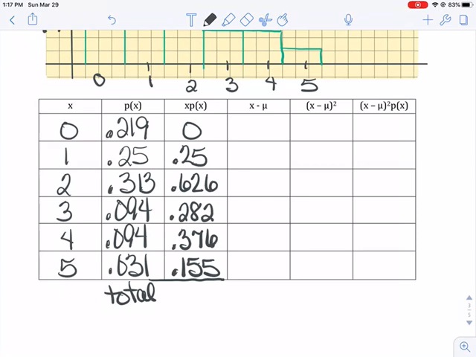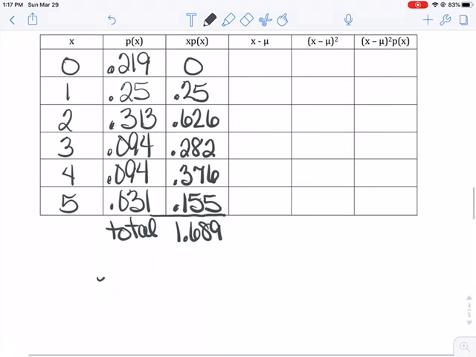So add that column up. Okay, I get 1.689. So there's our mean.